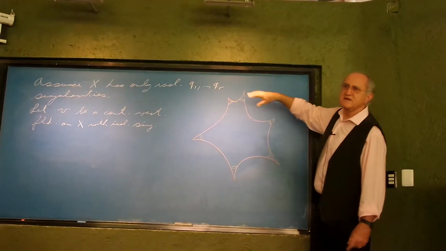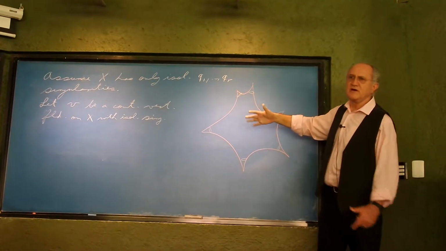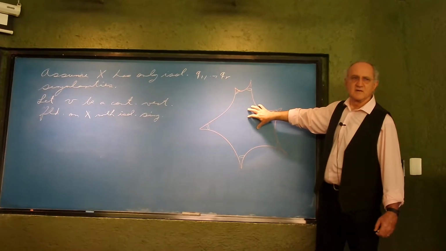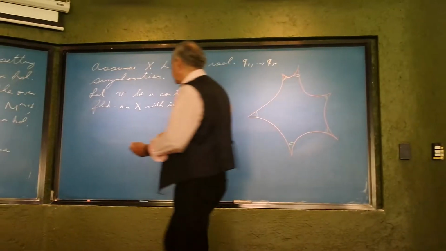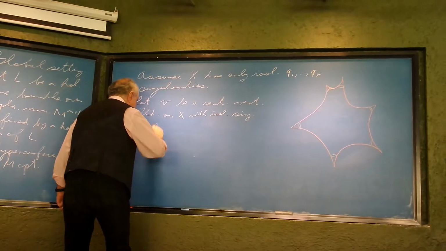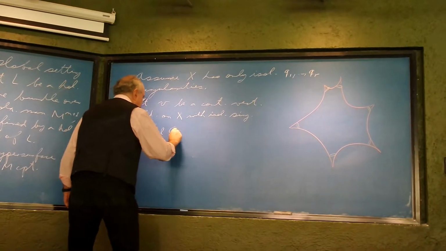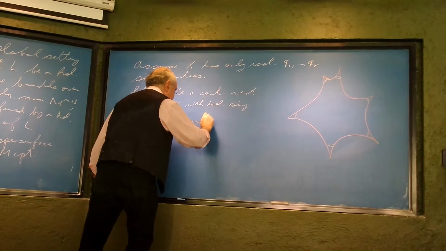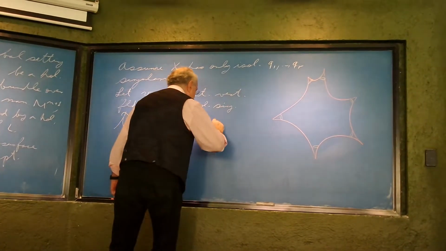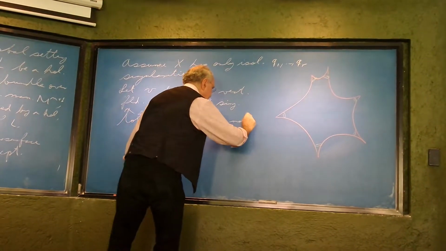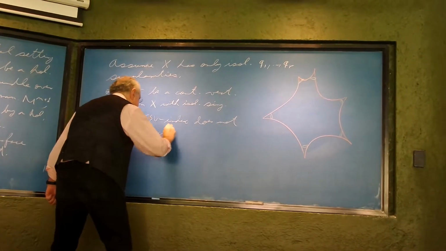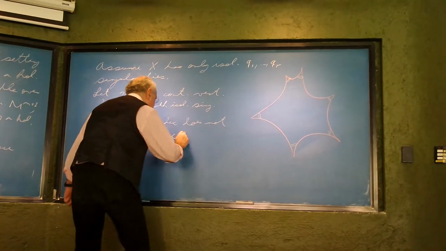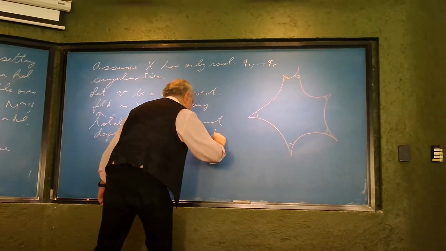That total index does not depend on any of the choices, it depends only on X. Total GSV index does not depend on choice of vector field.